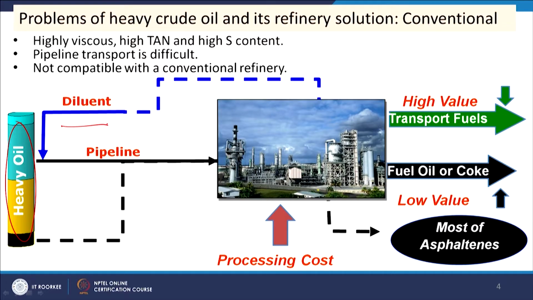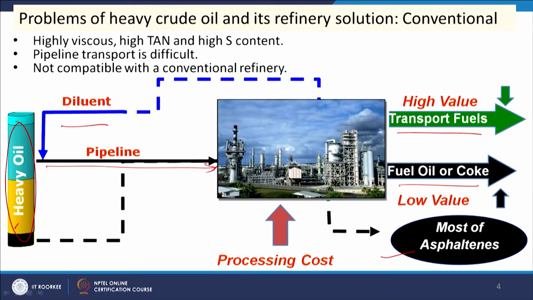So, pumping cost is reduced and it is transported through the pipeline to the refinery. Then once it is coming to the refinery, refinery operation starts and then it gives transport fuels, high value products, and then from the bottom part we get asphaltenes here, and we can get also fuel oil or coke, already the similar conventional refinery configuration. That way it is followed.